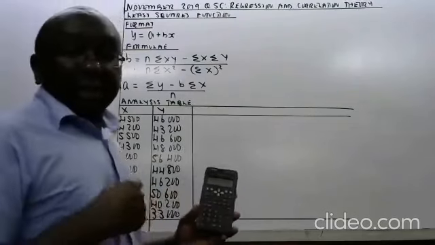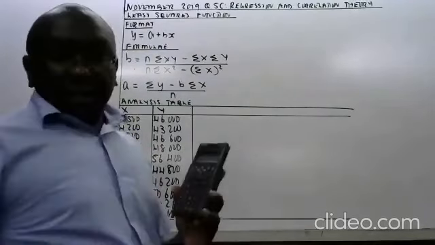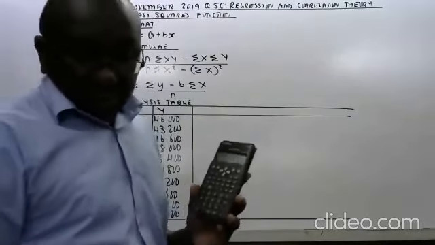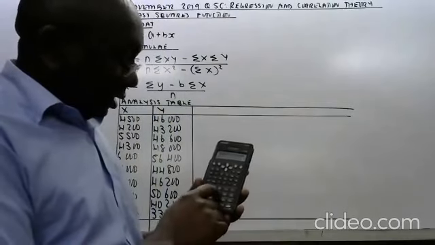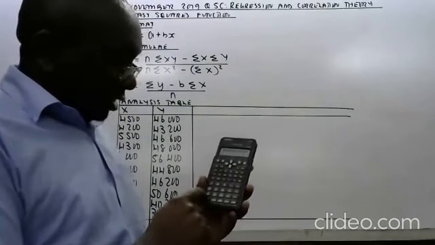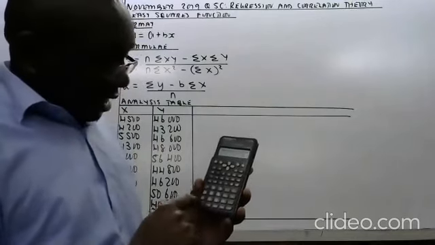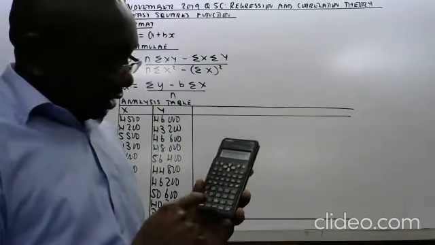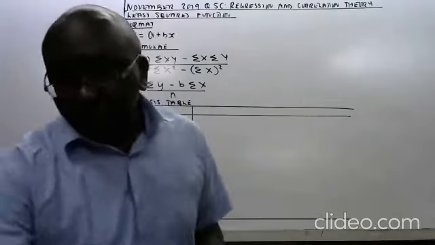Sorry, this one should have been 3660, because it's 36.6, so it's 3660, 40,200 M plus, and then 3,400, 3,000 M plus. That is how you enter the values.